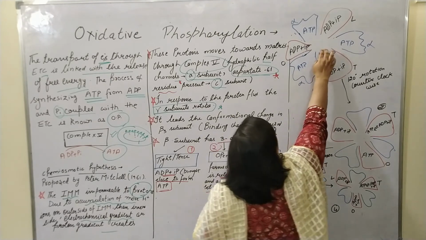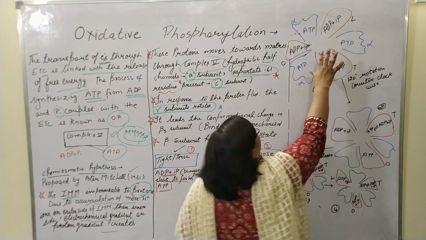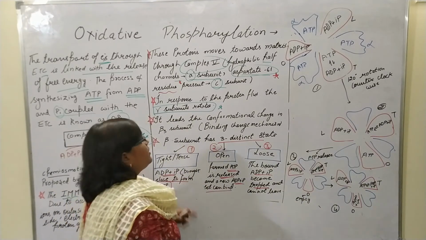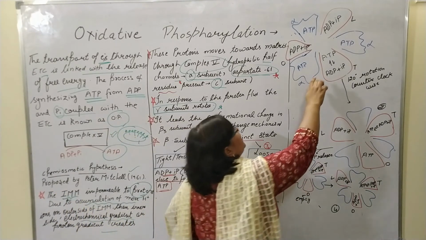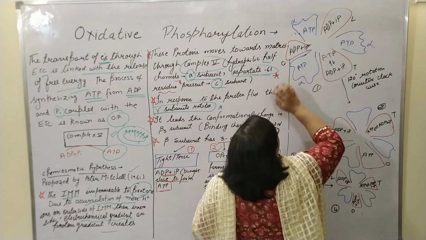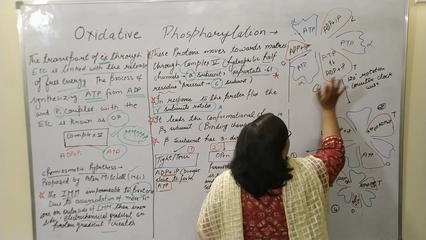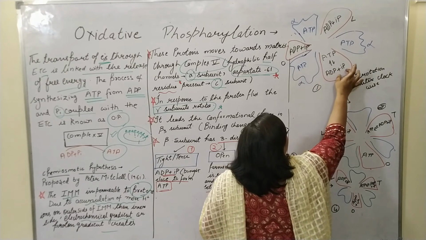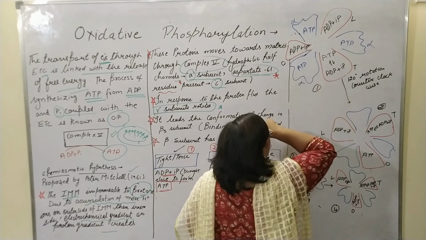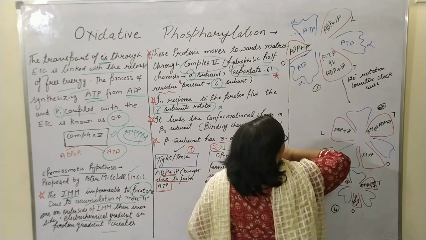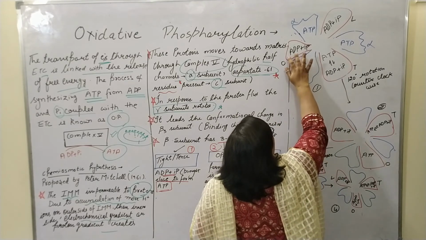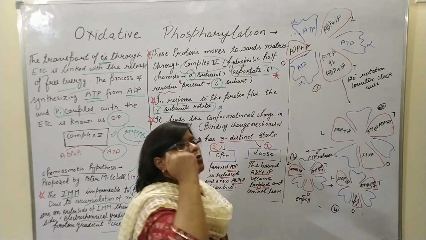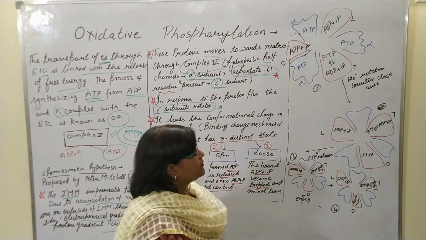In the loose state, ADP and inorganic phosphate are trapped, and in the tight state the ATP formation takes place when the ADP and inorganic phosphate come closer. And in the open state, when the ATP is released, the new ADP and inorganic phosphate come to take the chance.